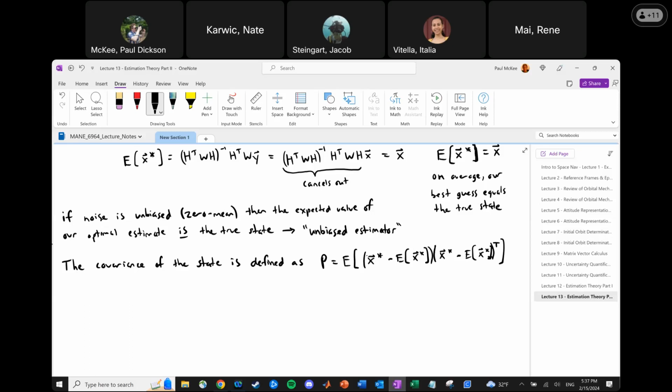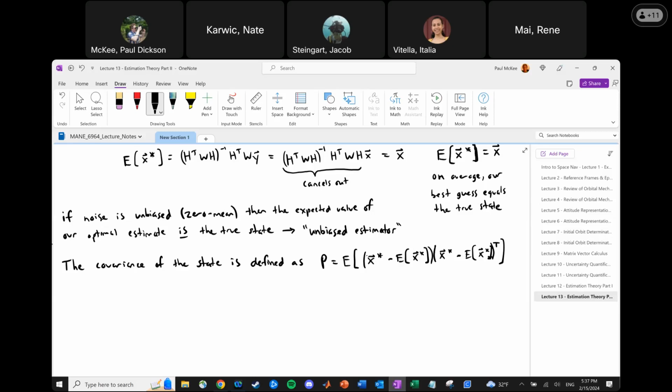And so what that means is we can plug in some equations that we have for X star and for its own expected value, and actually derive an equation which can give us our uncertainty, our covariance matrix, as a function of the tools that we've been using to solve for X. Because as we move forward in this class, it's not going to be good enough to say, here's our state. We need to start saying, here's our state and here's how sure I am, right? That's where the estimation theory comes in.